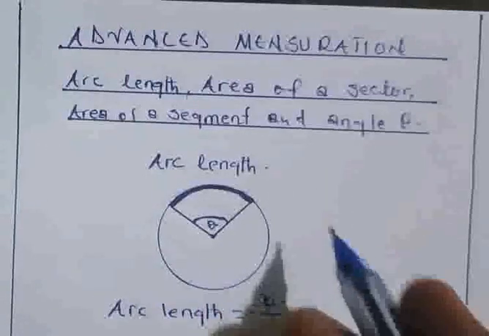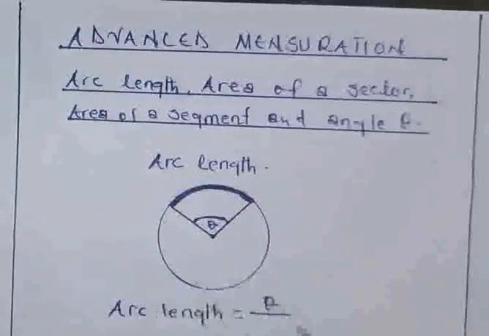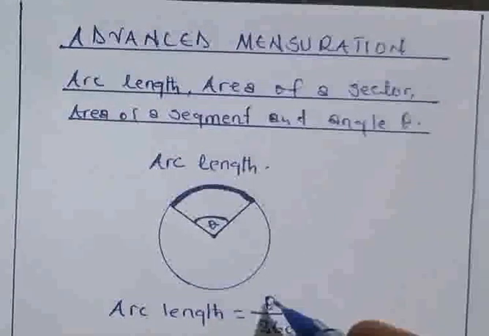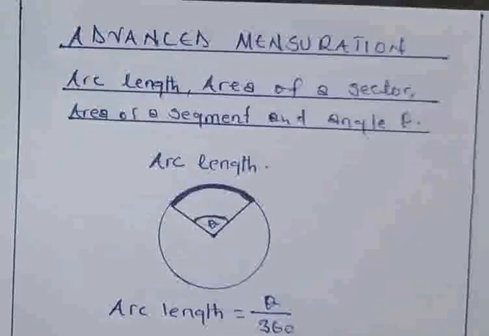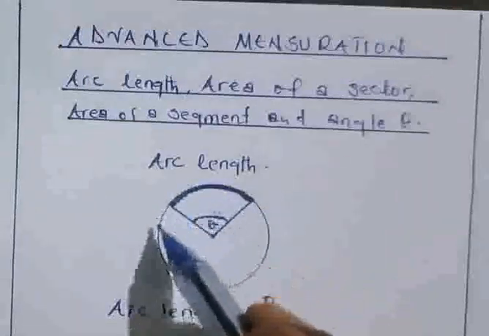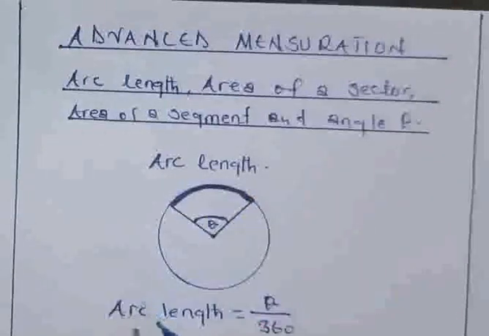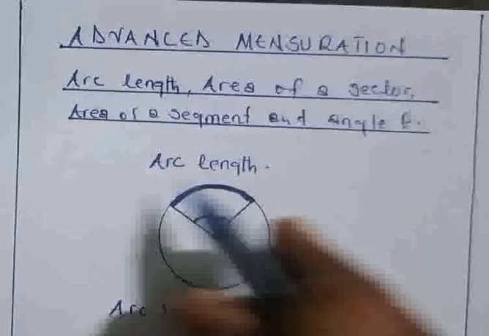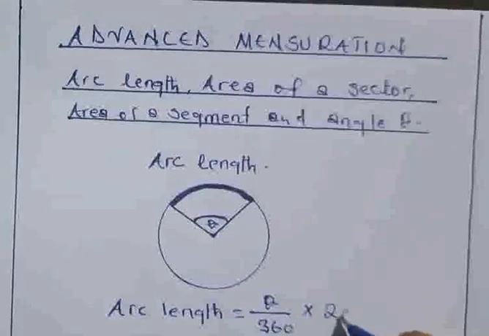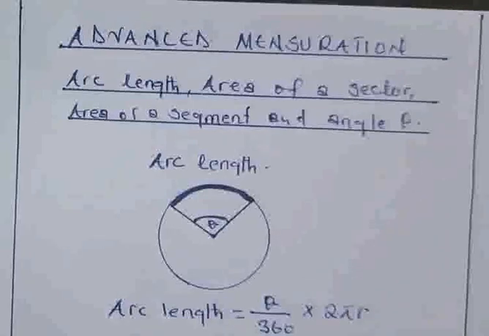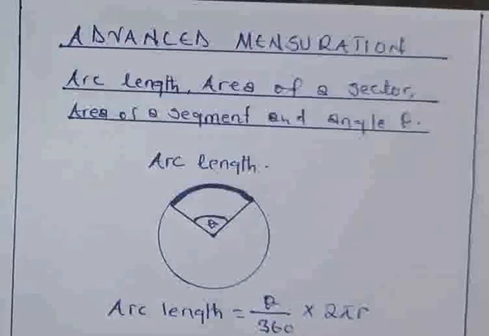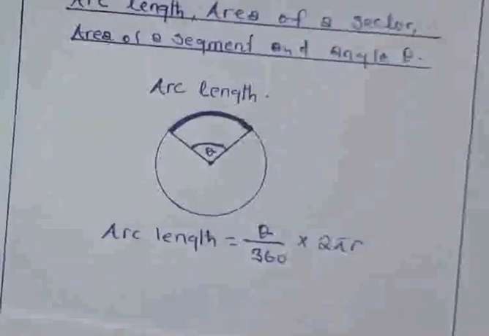The whole of what? The whole of the angles. And the whole of angles is 360. Then theta over 360 of what? Of the whole, again, the whole of these dimensions, the whole of the circumference of the circle. And the whole of the circumference of the circle is 2 pi r. That's it. So that's how we find the arc length, or the length of an arc of a circle.